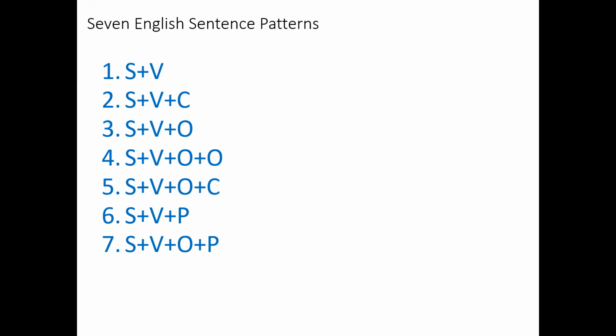The 6th and 7th patterns are generally not taught in Japan as distinct grammatical constructions, but many grammars do list them as separate patterns, and so we'll follow convention and do the same here. And in this first lecture of this series, we'll look only at the first 2 sentence patterns. So let's get started.